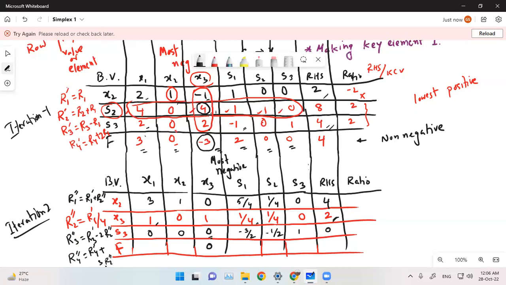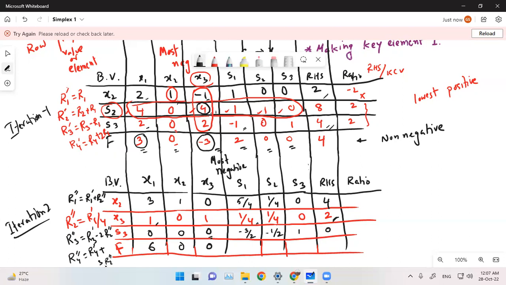So the previous value is 3 plus 3 into 1, that is 3 plus 3, that is 6. Then you have 0 both of them, so it has to be 0. Definitely this one is 0.